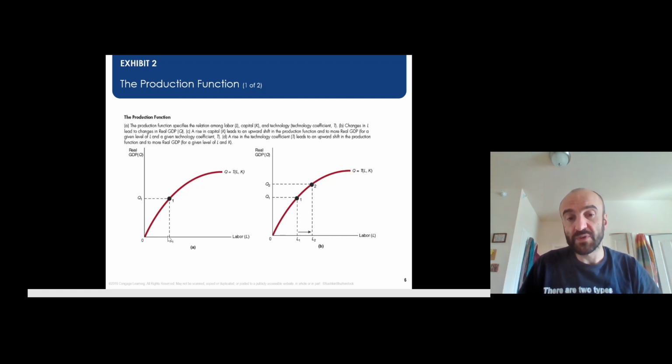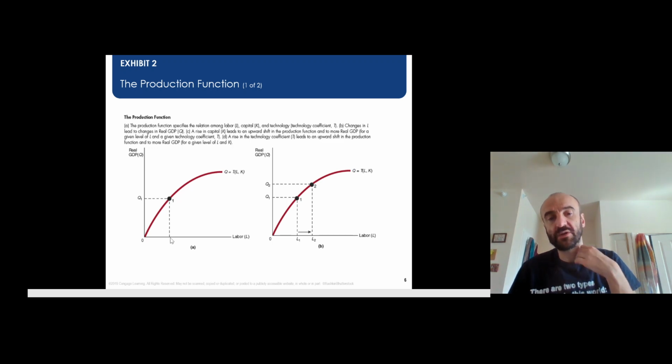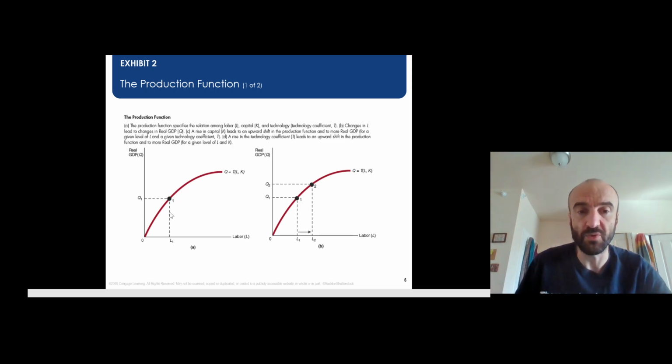And then when you employ the second worker, you will see that the increase in real output will be positive. You will still produce more by having two workers employed than by having one, but this increment will be lower.